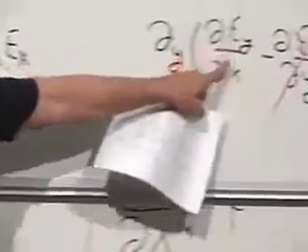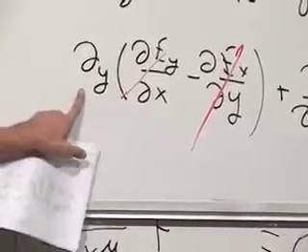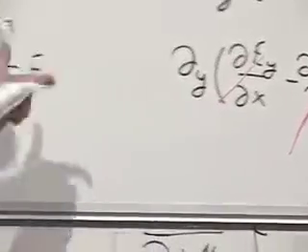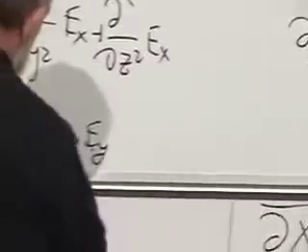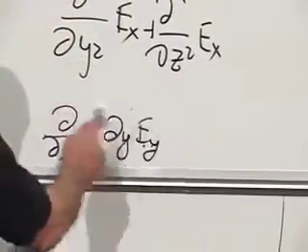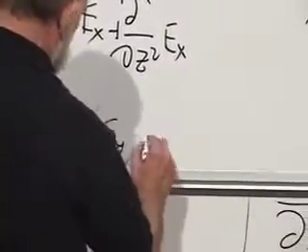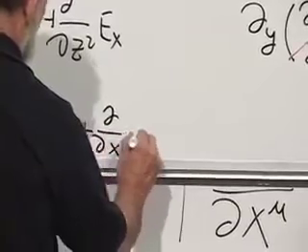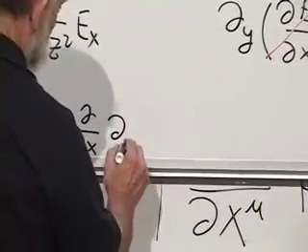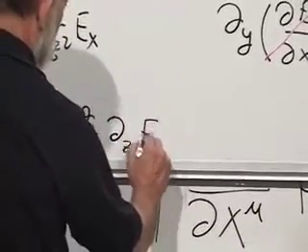It was derivative with respect to x followed by derivative with respect to y. You're allowed to interchange those. So the first term here is d by dx of dy Ey. And then there's another term which is d by dx of dz Ez.